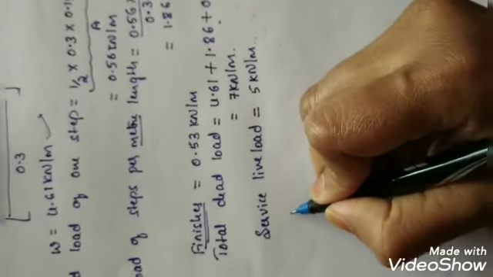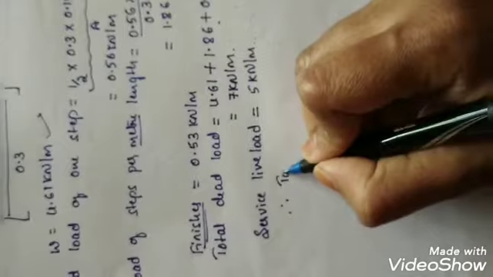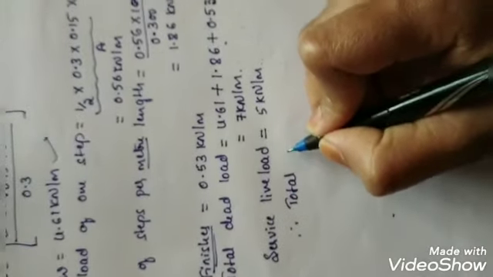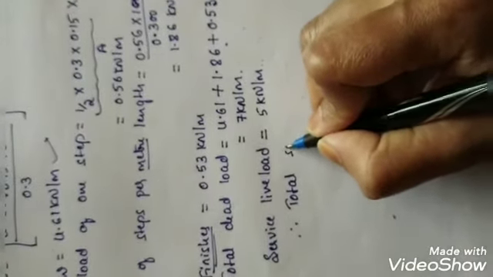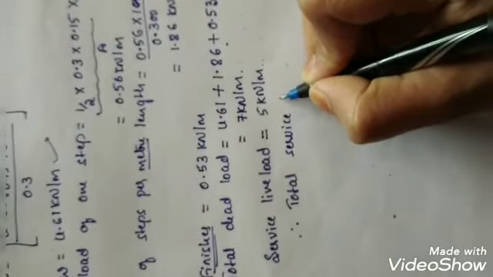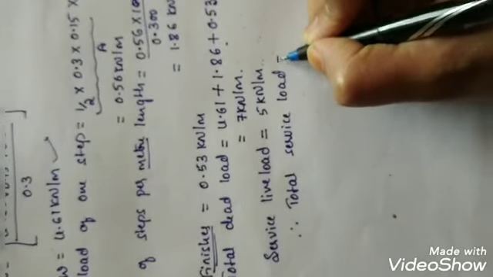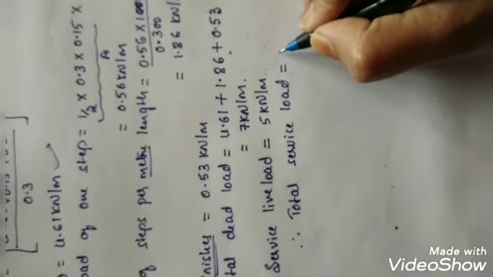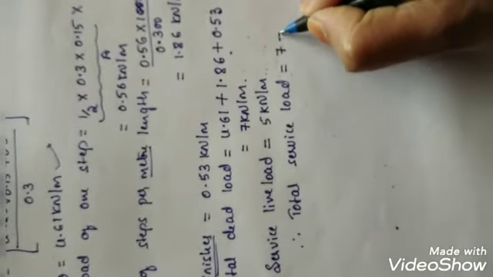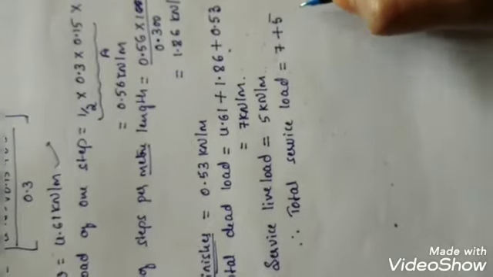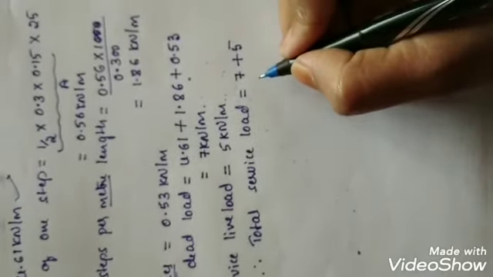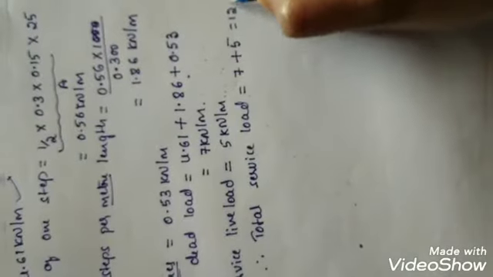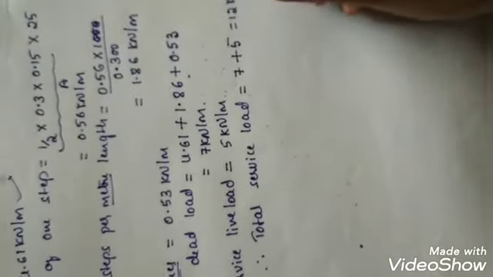And next, the total service load that will be coming on the flight, I need to calculate now. That means I will add the dead load and live load. Dead load we have calculated as 7 plus live load as 5. If we add, we have got 12 kilonewton per meter.